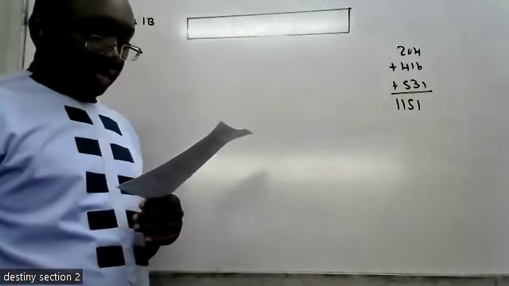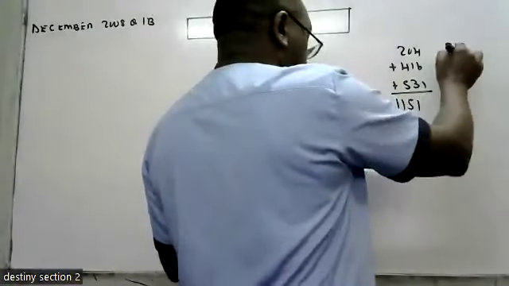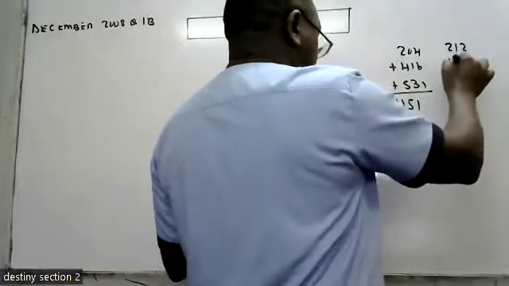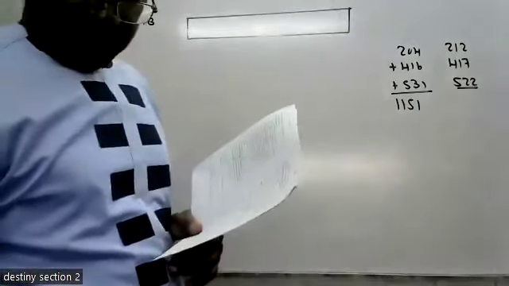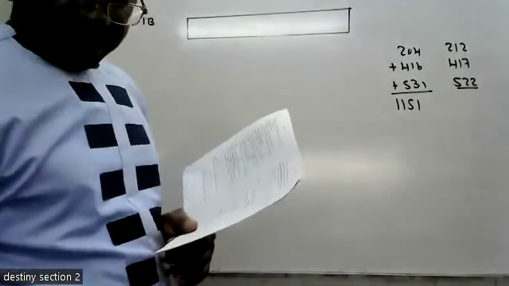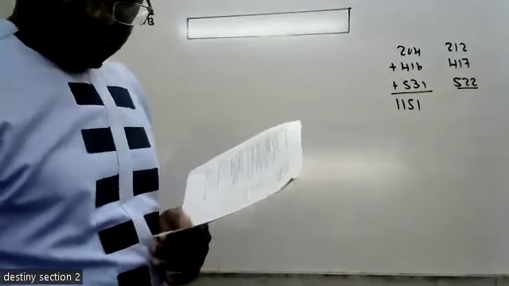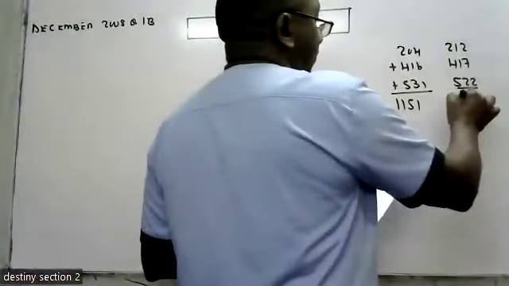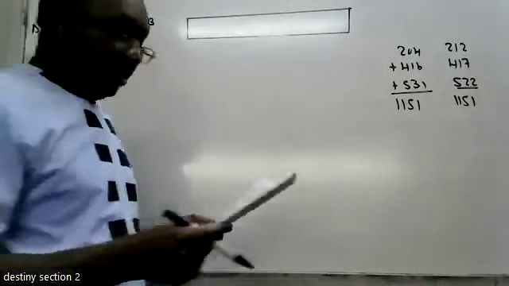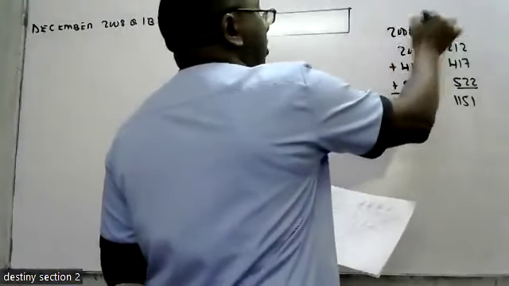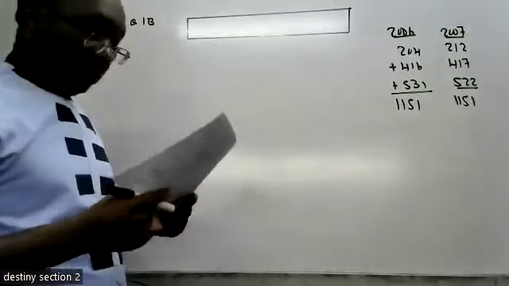And when you go to the year 2007, you do the same. You add 212 plus 417 plus 522 is again 1151. Now what you can see, this one was the share in 2006 and this is the share in 2007.